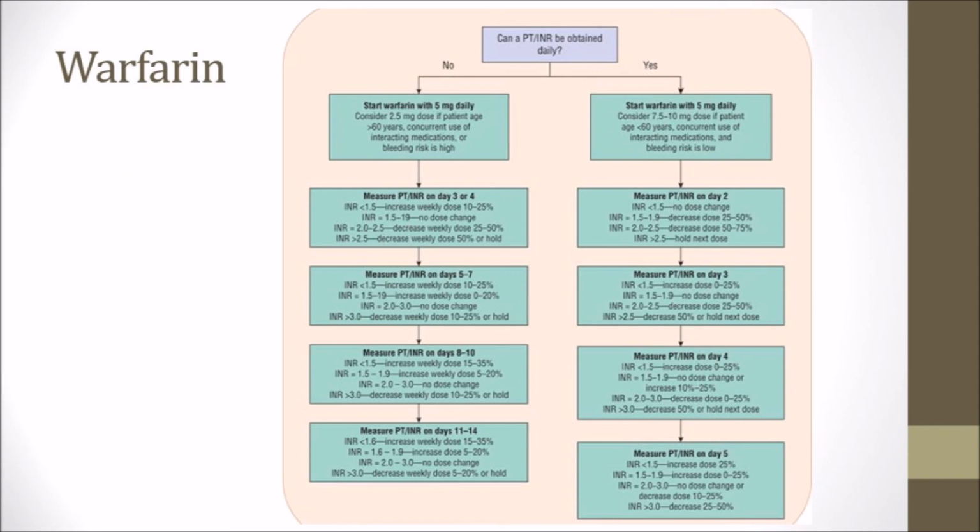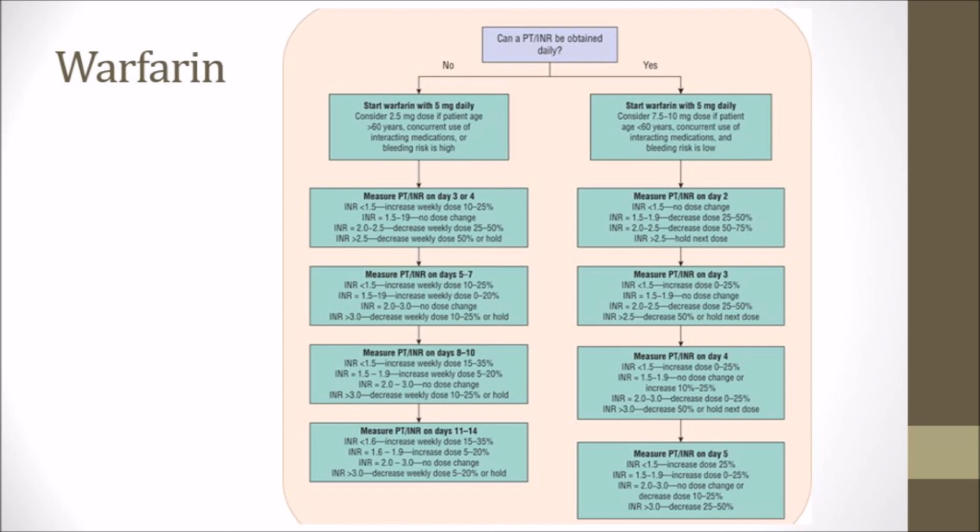This is a chart that shows how warfarin can be adjusted. So it's based on whether or not an INR can be obtained daily. If so, then it shows you how to proceed, what type of dose adjustments may need to be made. If not, then it shows a little bit longer days, so you see it progress all the way to days 14 and see how dose adjustments are made.